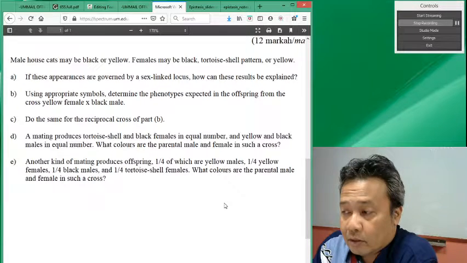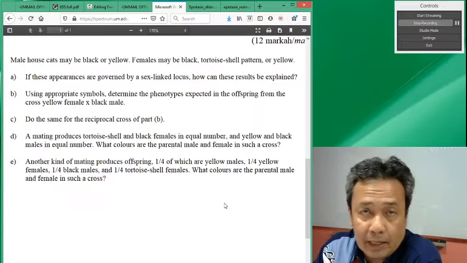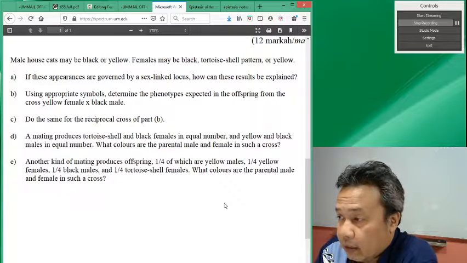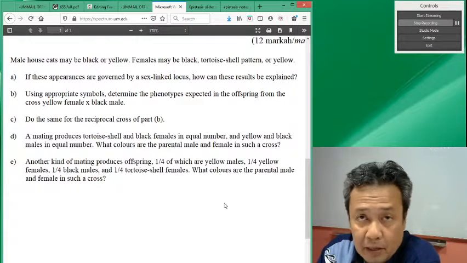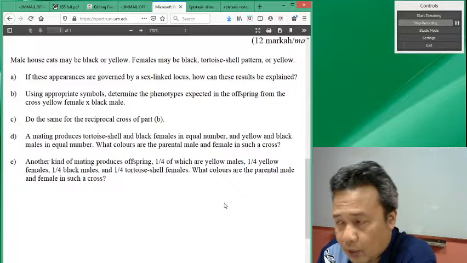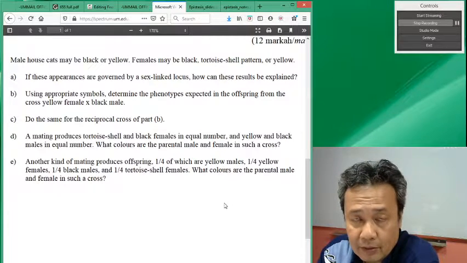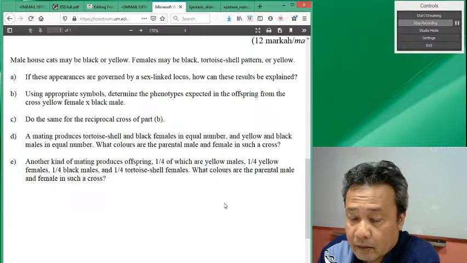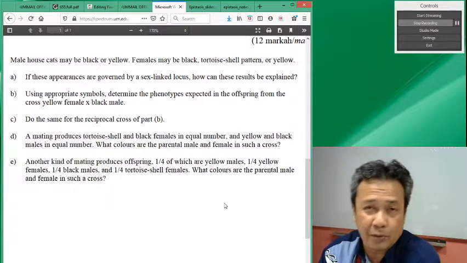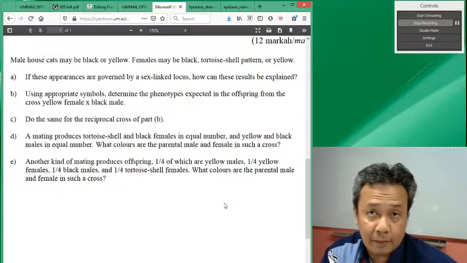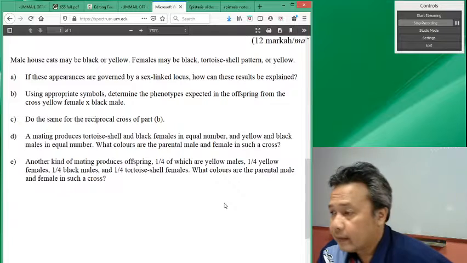So basically you're saying that yellow and black are X-linked, or sex-linked, on the X chromosome. In the females, because of X inactivation, one of the X's will be randomly deactivated, and that is where you get the tortoiseshell pattern, a mixture of black and yellow in the whole cat.